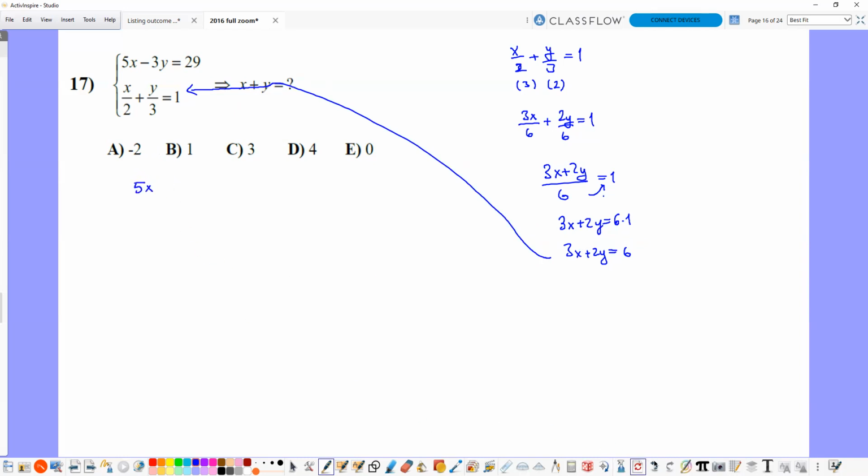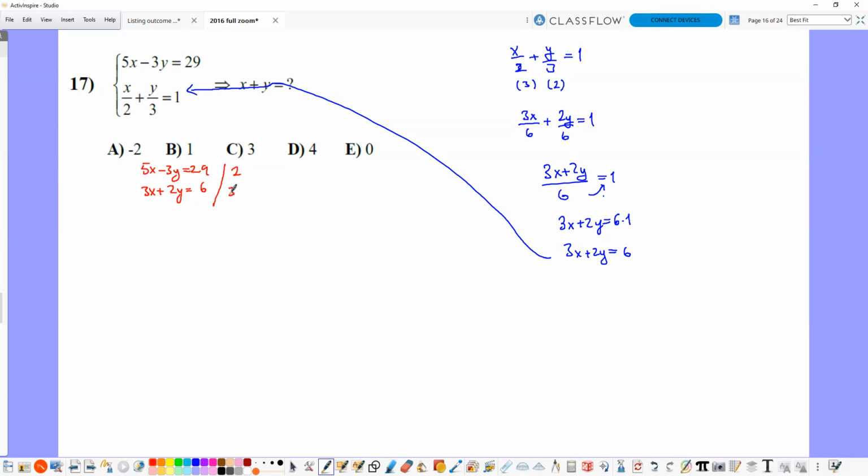5x minus 3y is equal to 29, and 3x plus 2y is equal to 6. To get rid of y's, I'm going to multiply one of the equations by 2, one of the equations by 3.